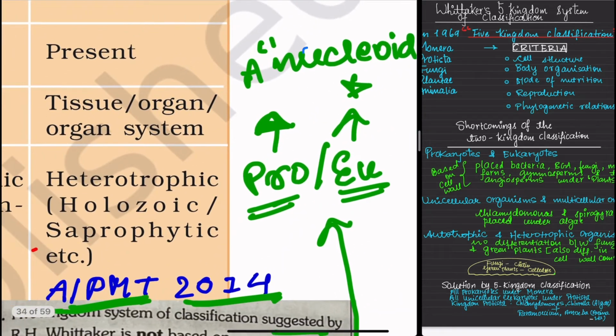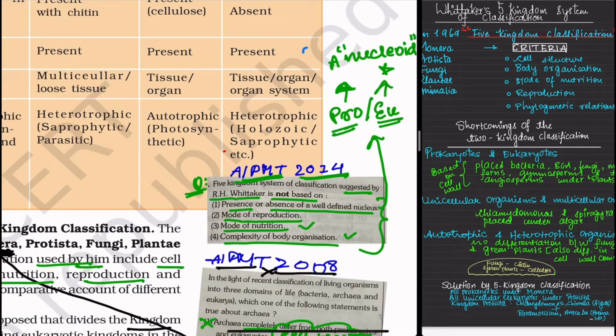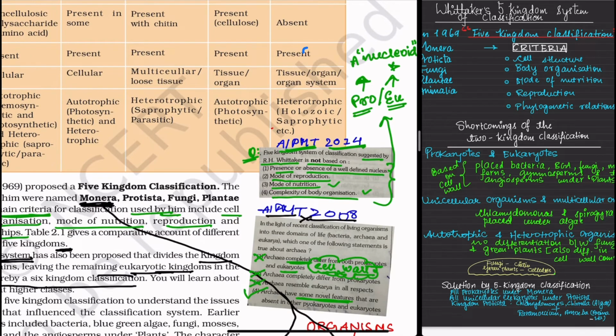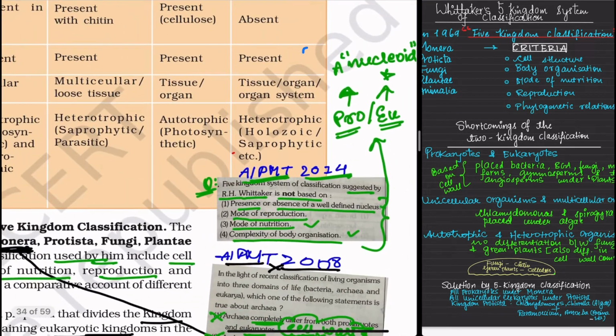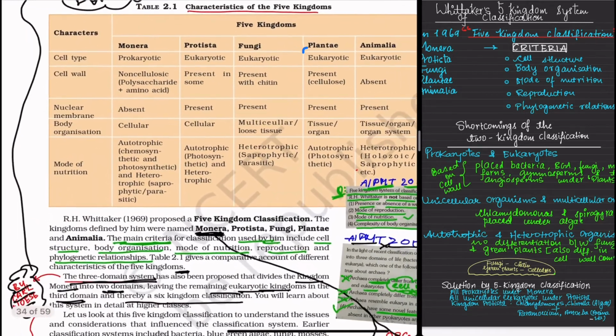So in prokaryotes, instead of nucleus, a region which contains the genetic material called nucleoid is present. It has no membrane binding it. In eukaryotes, we have a true nucleus. So presence or absence of a well-defined nucleus is quite a feature. Yes, it is included in 5 kingdom system classification. That's why Whittaker has divided organisms into prokaryotic and remaining into eukaryotic. This criteria is definitely used.